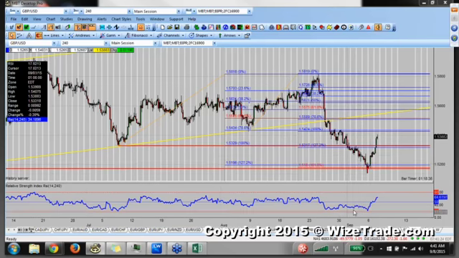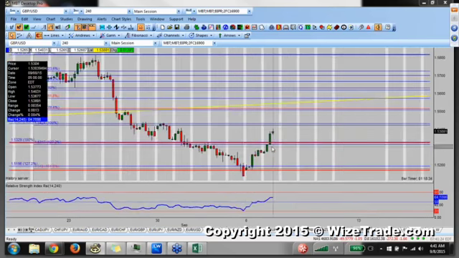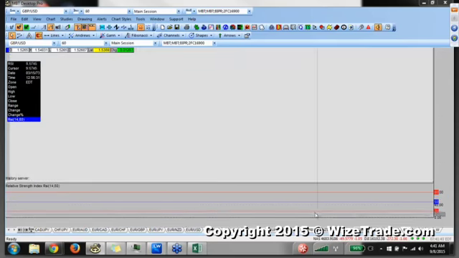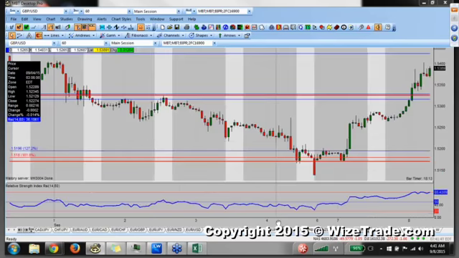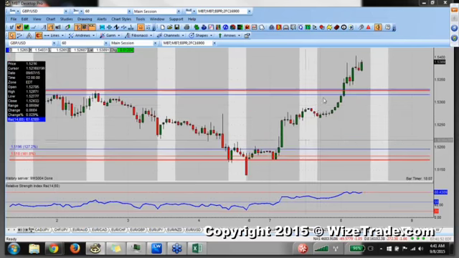Okay. Support now on dips. I mean, you have to imagine there's a lot of people now that are caught short the cable from last week. They're getting up here in North American trade going, oh man, I'm short the pound dollar. I can't believe I stayed short when we were down on support. Now they're going to try to be buying on dips. I'm assuming that this 4-hour breakout area is going to offer a lot of support on the way back down.